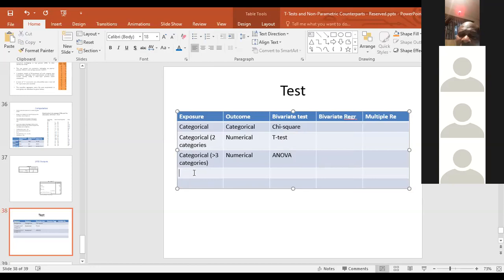So the t-test family and their non-parametric counterparts, and ANOVA also has non-parametric counterparts.